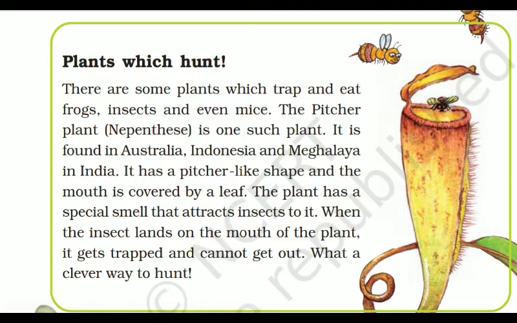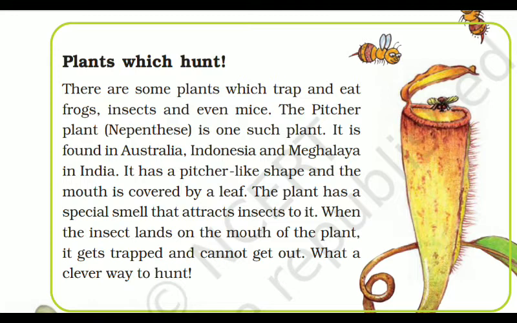There are some plants which trap and eat frogs, insects, and even mice. Like heterotrophic animals, there are some plants which are categorized as heterotrophic plants, or we call them insectivorous plants.